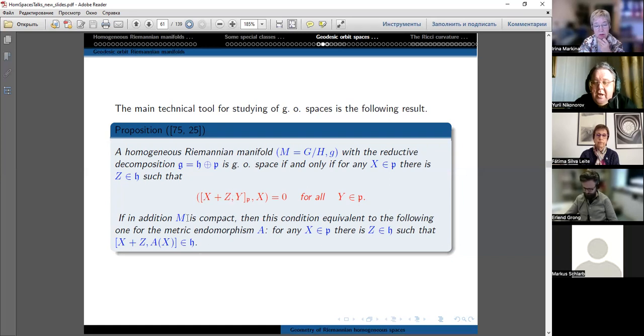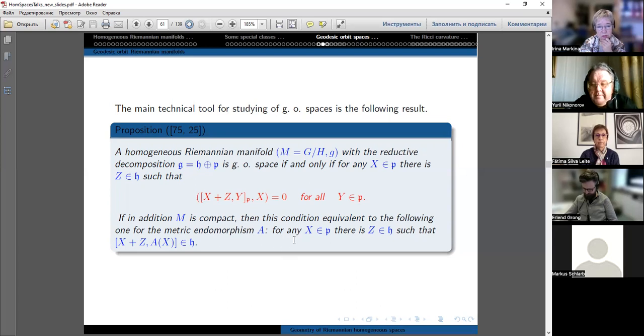If in addition M is compact, then this condition is equivalent to the following one for the metric endomorphism A. The metric endomorphism is an operator which can be used to explain what is the difference between this inner product and the standard inner product.